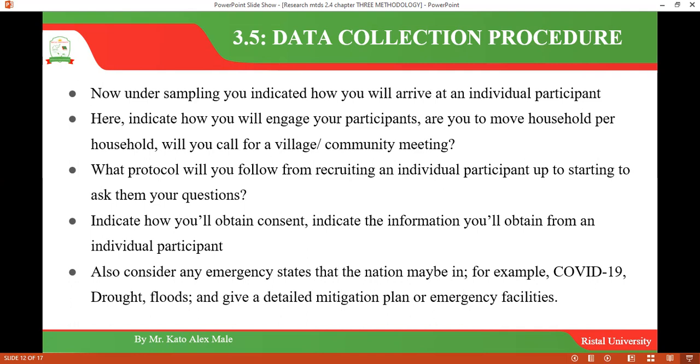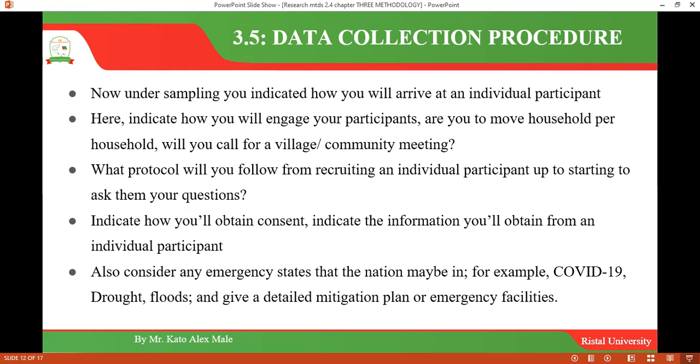So you tell us, will you move household to household to engage your participants, or will you call for a community or village meeting, such that members come, perhaps through their LC1 chairperson, and then you tell them why you have called them, what you want to do, what the importance is, and then you recruit them in your study?